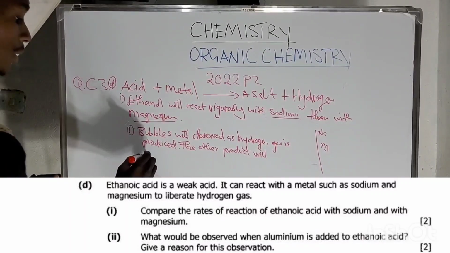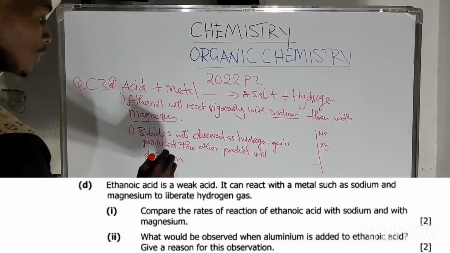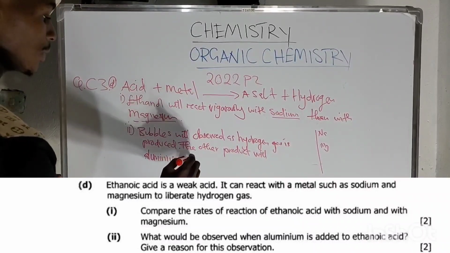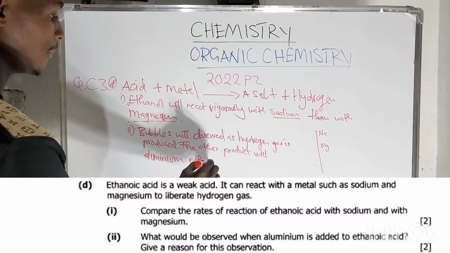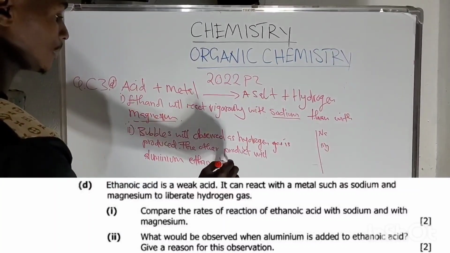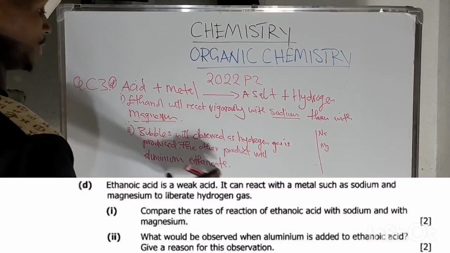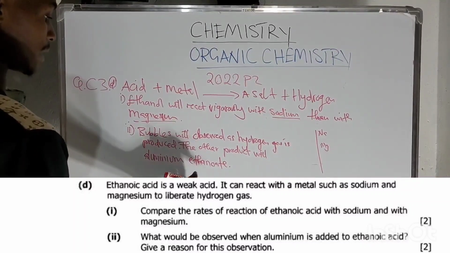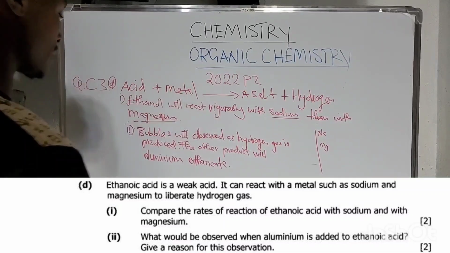So the other product will be aluminum. We've used ethanoic acid, so it will be ethanoate. Aluminum ethanoate will be the salt in this case. Then the other product will be hydrogen gas.